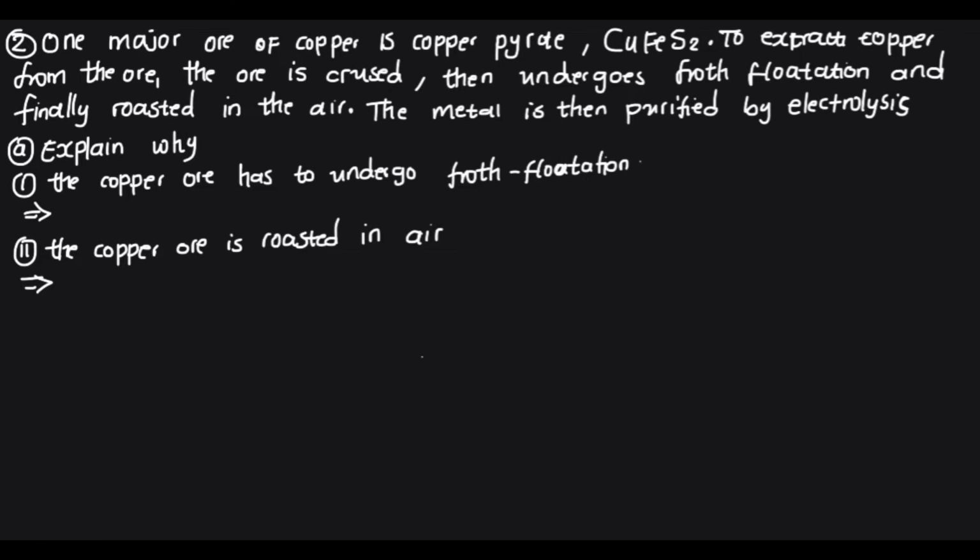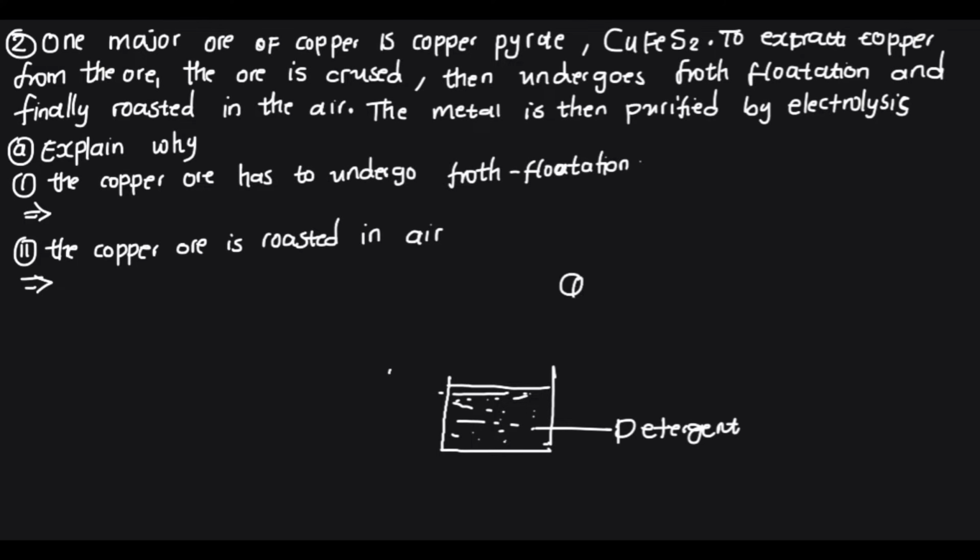So maybe let's try to have a picture. Let's say we have a tank. This is our tank here. Then in this particular tank, we have some oil, or we can say a certain detergent. So here I'm just trying to give you a picture of what happens whenever they're extracting copper. So in mines, this is our copper ore.